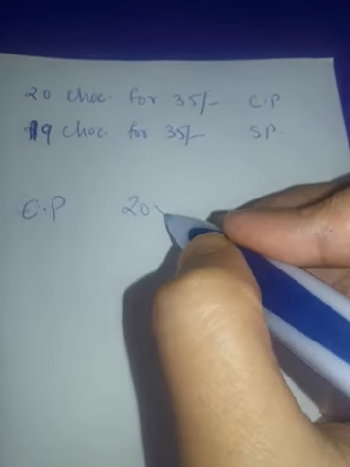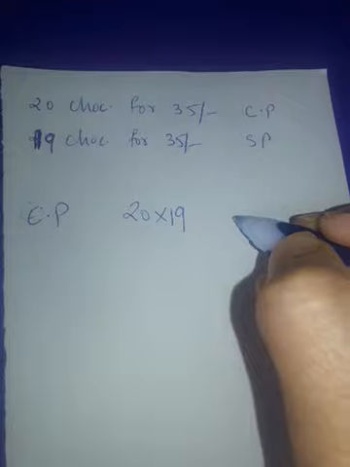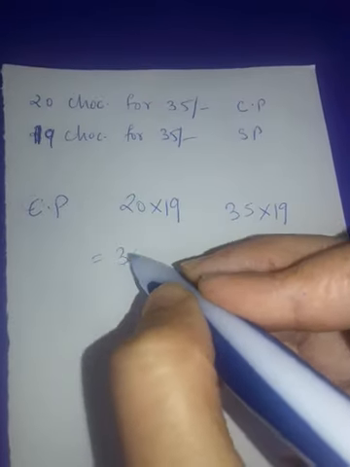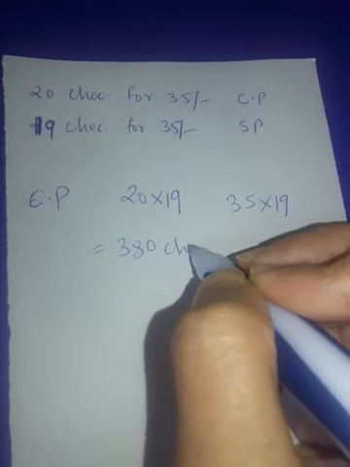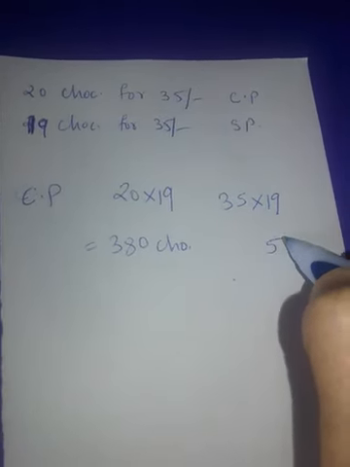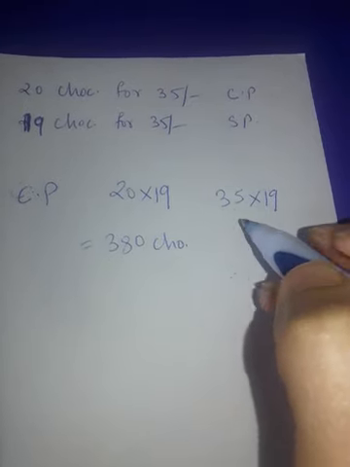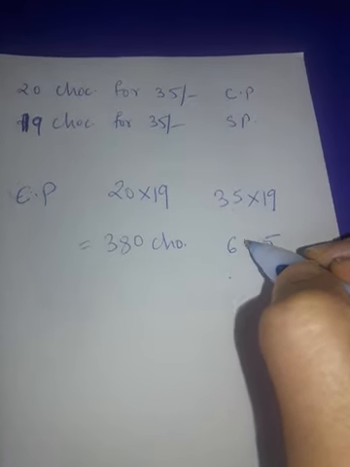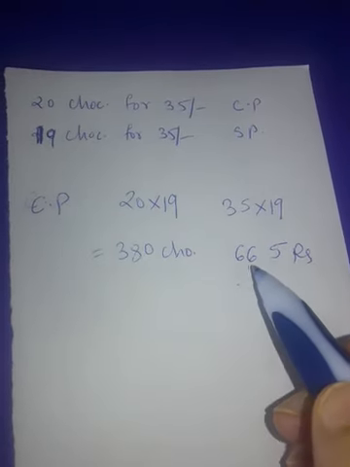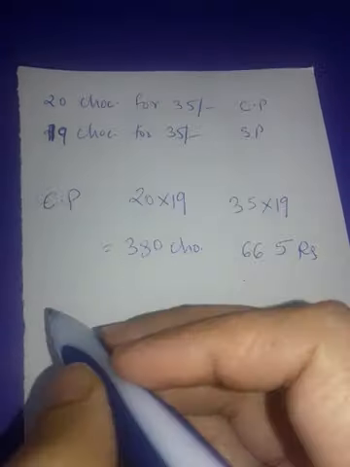So I am going to multiply it by 19, and here also I need to multiply by 19. This will be 380 chocolates. 35 into 19: 19 fives are 95, carry forward 9, 19 threes are 57, and 9 makes 66. So the cost price for 380 chocolates is going to be 665.